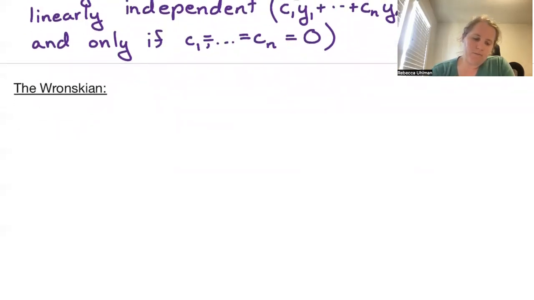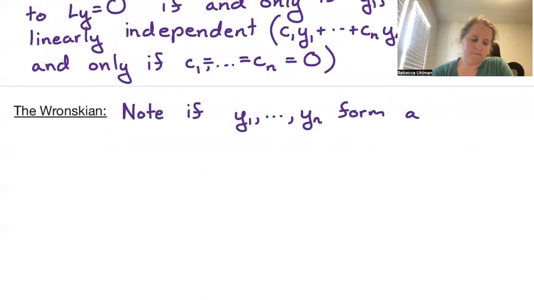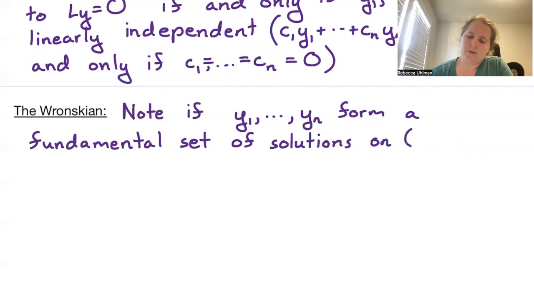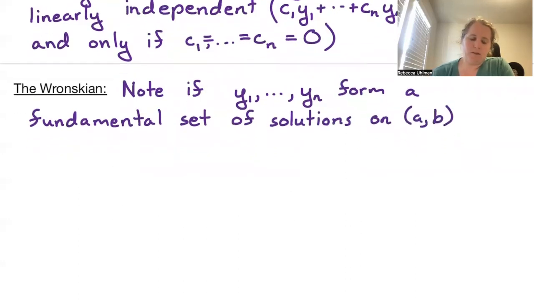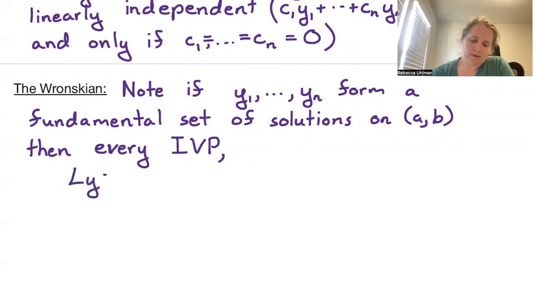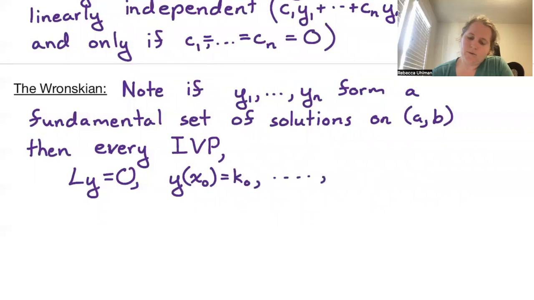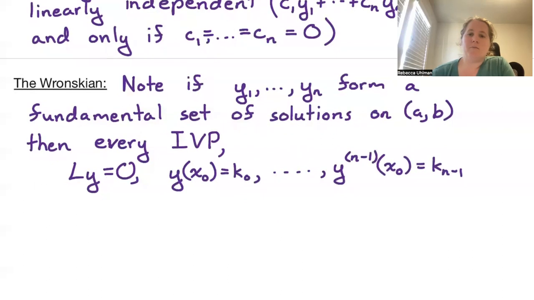So note that if y1 through yn form a fundamental set of solutions on some interval (a, b), then every IVP with Ly equals 0 as its equation and y of x naught equaling k naught all the way up through the n minus first derivative of y evaluated at x naught equaling k sub n minus 1 has a solution.